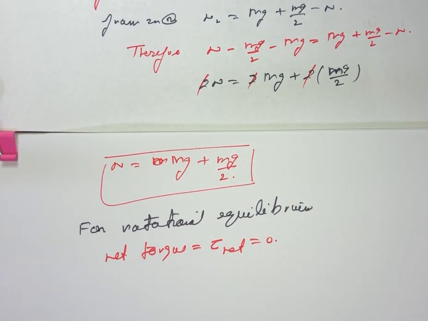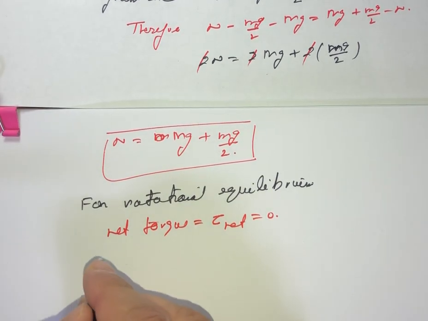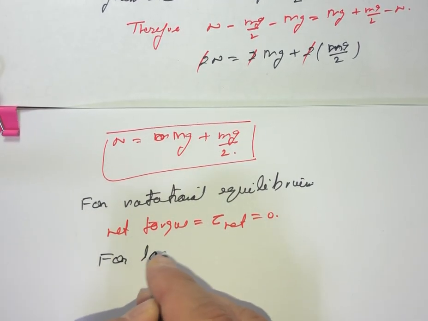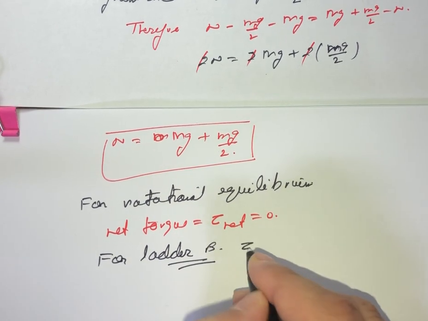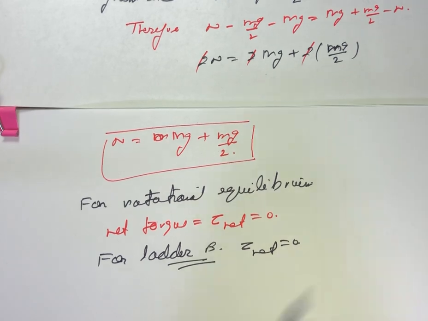So let us consider for ladder B, the tau net should be equal to 0.